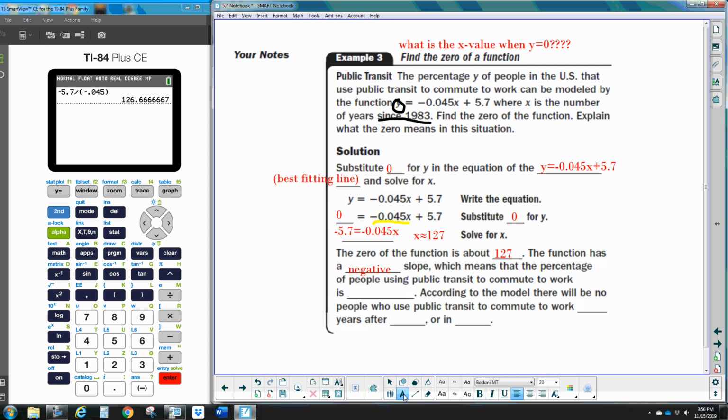The slope is negative, which means that the percentage is decreasing as time increases. So according to this model, there will be no people who use public transit to commute to work in 127 years after 1983.